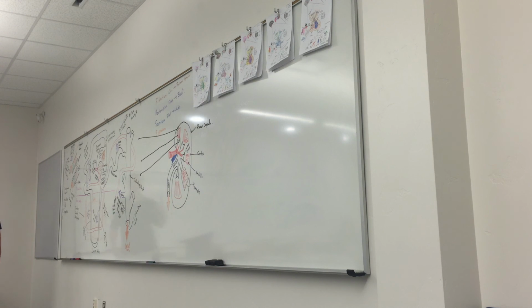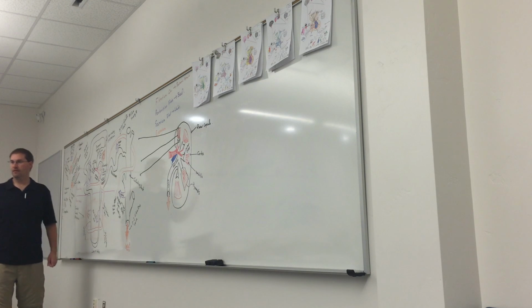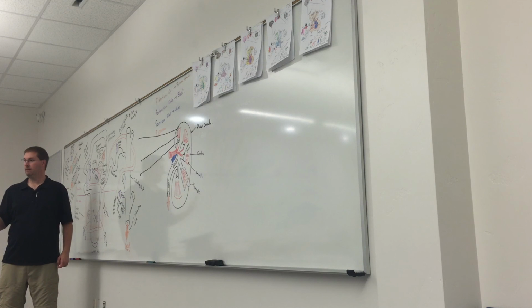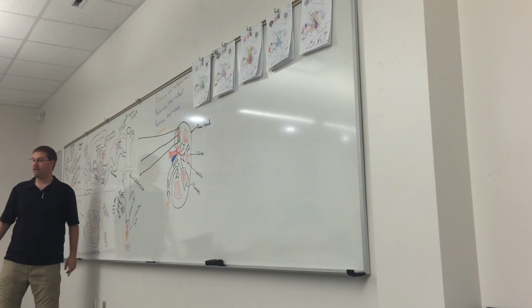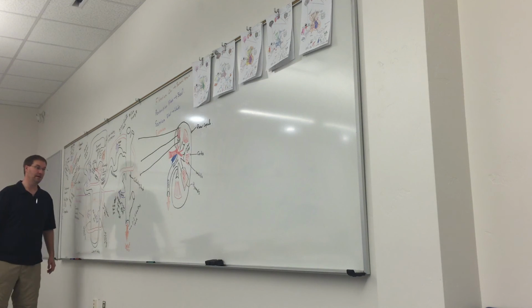And if they sense that the sodium is lower than it should be, lower than normal, okay? If they sense a lower than normal sodium, that might mean that I'm dehydrated, right? There's not as much sodium as you normally have there. That means that I've had to reabsorb more sodium.